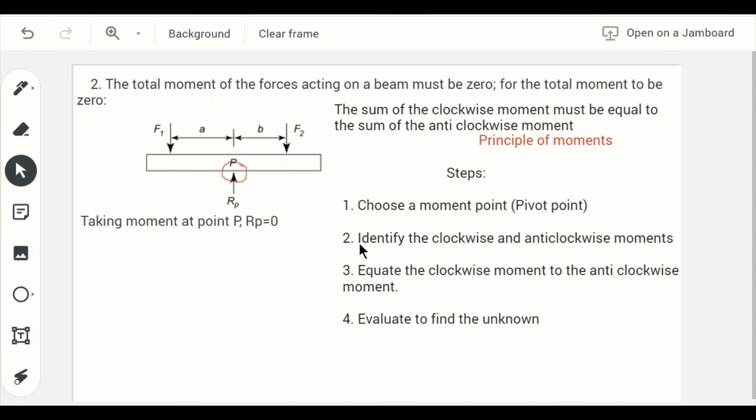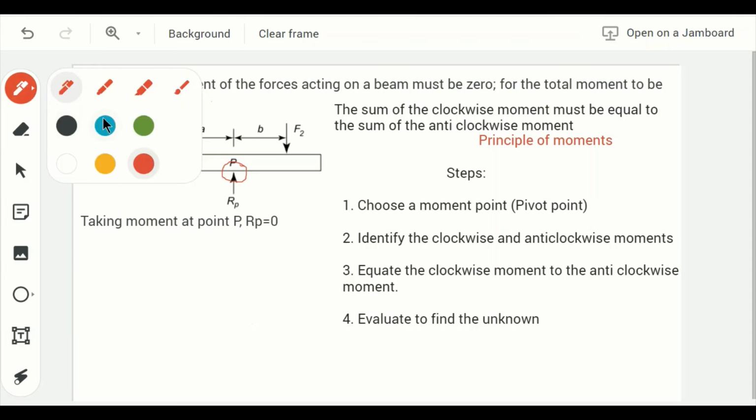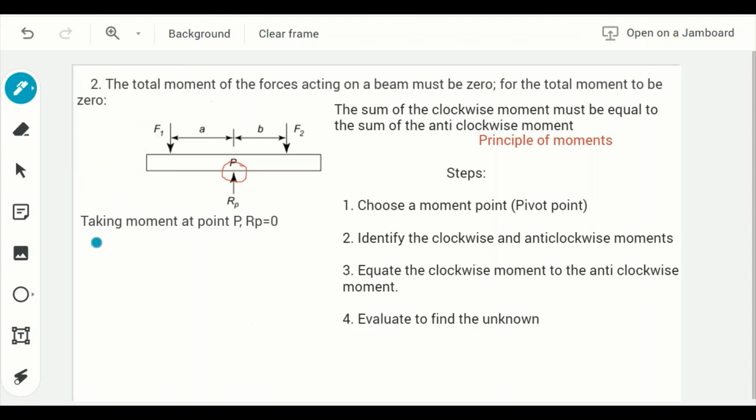So step 2 is that we identify the clockwise and anti-clockwise moments. Now I want us to note that if P is my pivot point, it means that F2 we turn towards the pivot, F1 we turn towards the pivot. Look at this, guys. Look at this very closely.